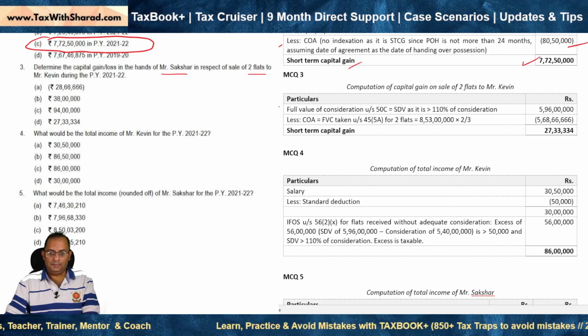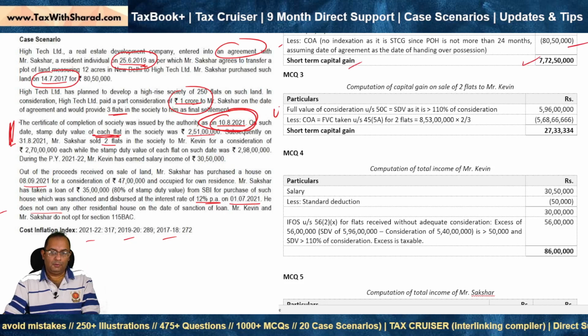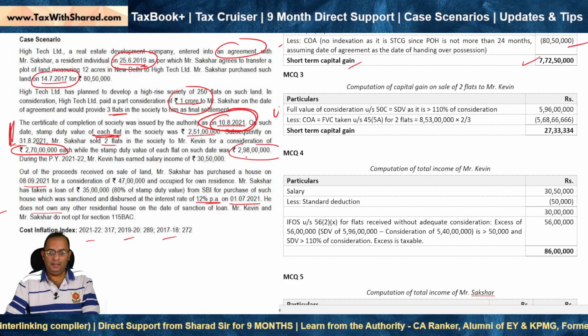So if you look at the question, what does the question say? Mr. Sakshar sold 2 flats to Mr. Kevin for a consideration of 2 crore 70 lakh for each flat, while the SDV was 2 crore 98 lakh. And here we will need to consider section 50C, where if the SDV is more than 110% of the consideration, then under section 50C, the SDV will become the full value of consideration, which will be the situation in our case.